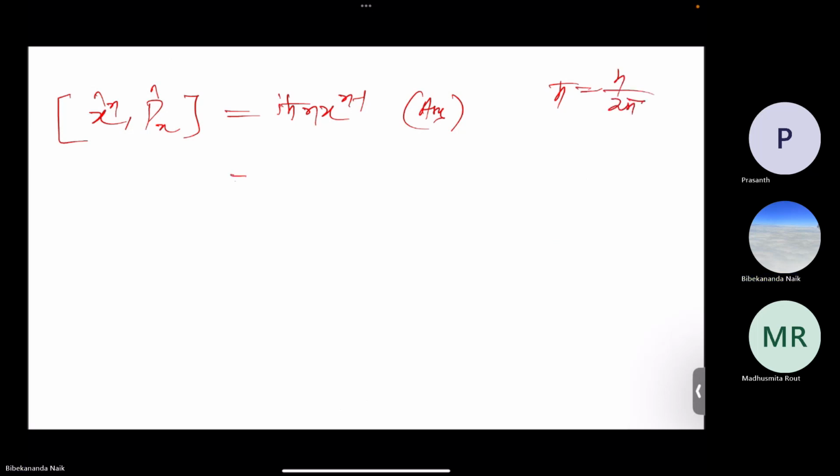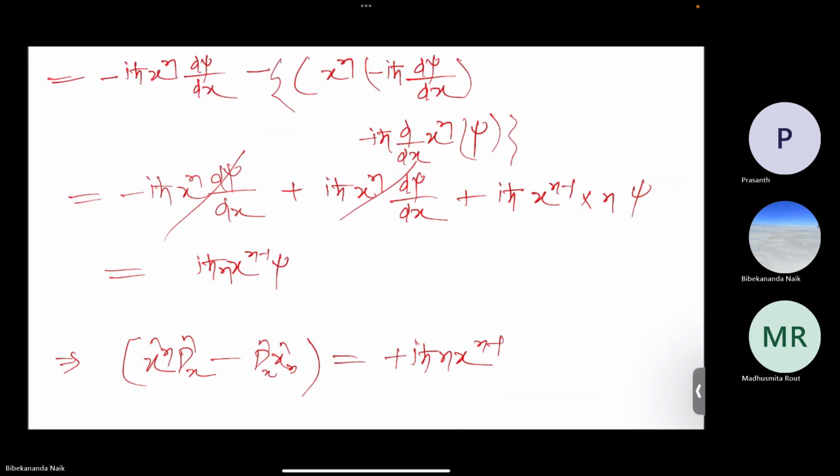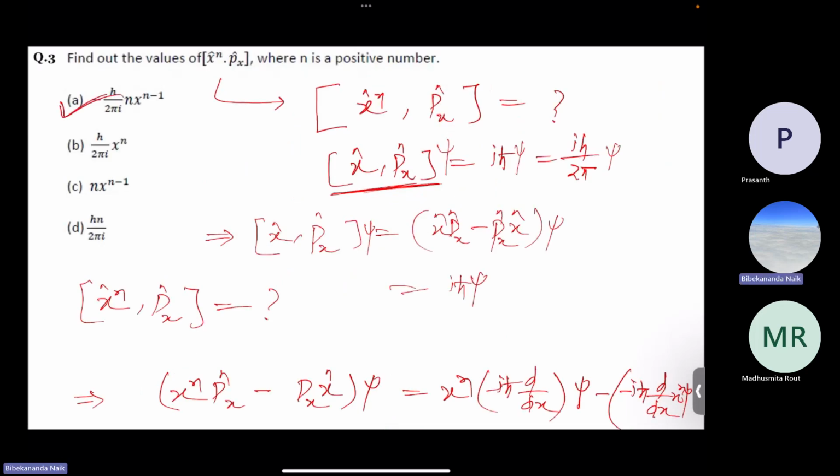So if you multiply i in the numerator and denominator, it will be minus h by 2 pi i n x to the power n minus 1. So the correct option will be option A, minus h by 2 pi i n into x to the power n minus 1. Is this clear to you?